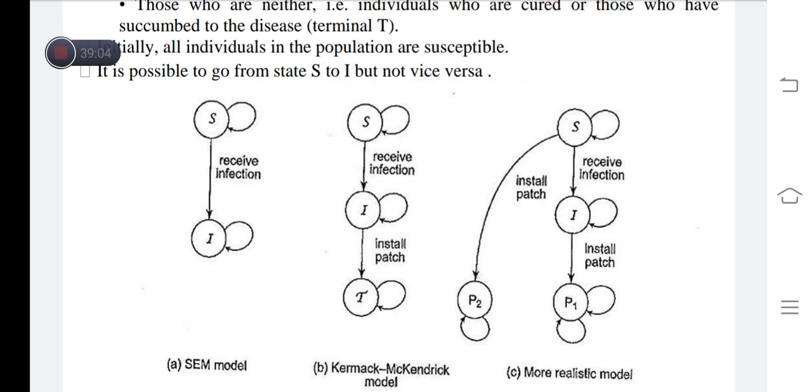That tells us that an infectious person may or may not be cured. These are the assumptions. If the infectious person is cured, he is not again vulnerable to the disease. That is the usage of the patch here.